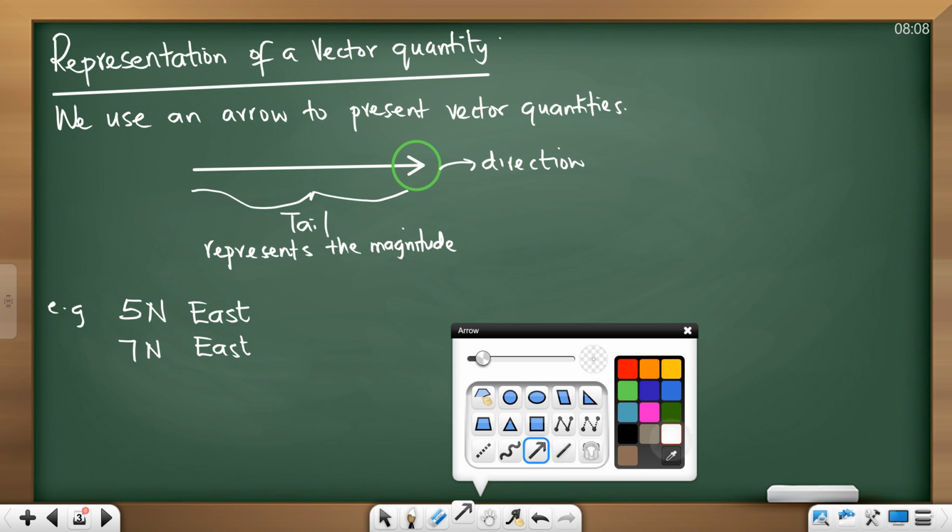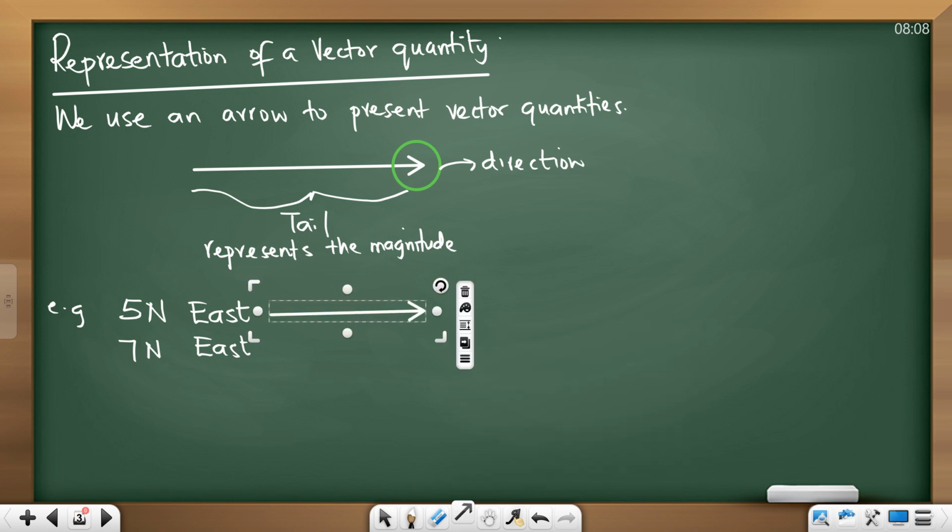Let's represent that. If that's 5, we don't really have to measure. We're not doing scale this time. That's 5 newtons and 7 newtons. Now you can clearly see that the 7 is longer than the 5 because 7 as a numerical value is bigger than 5.